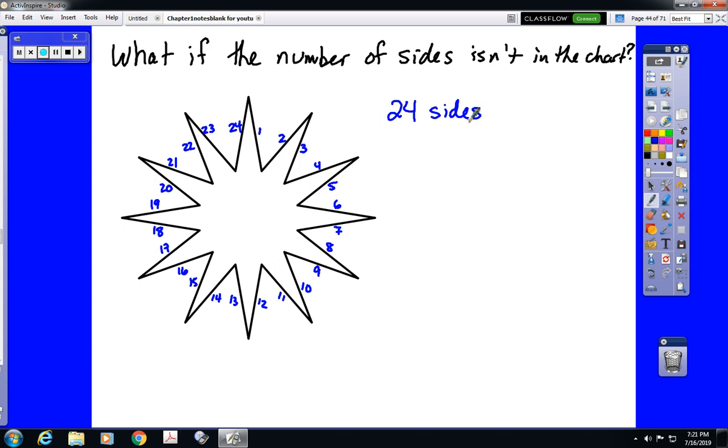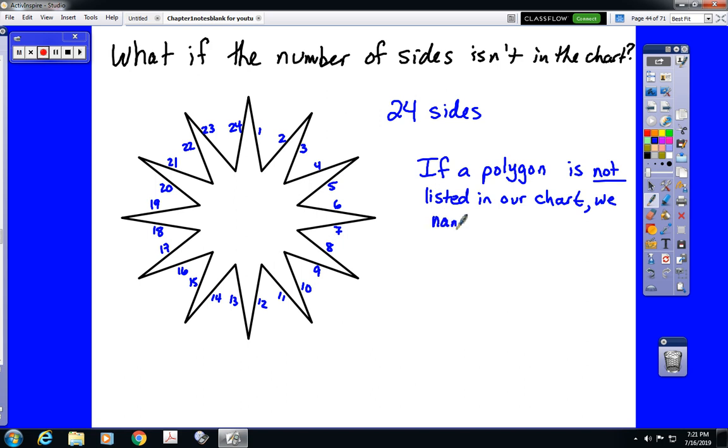Well, it's actually much easier than it sounds. Okay, if a polygon is not listed in our chart, we name it an n-gon.